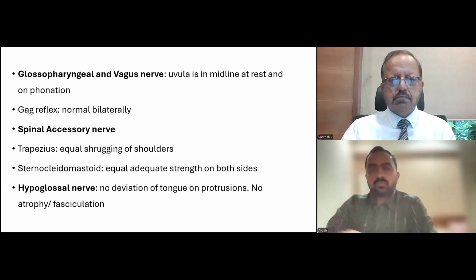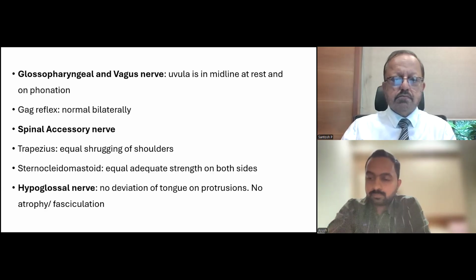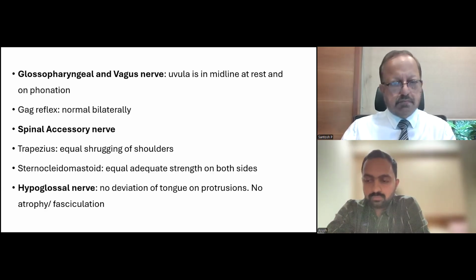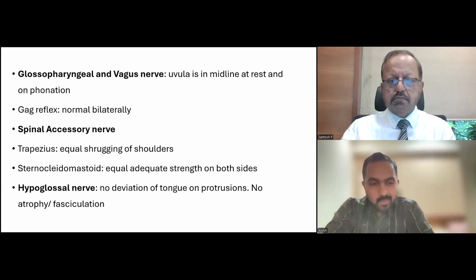Glossopharyngeal and vagus nerve, uvula is in midline at rest and on phonation. Gag reflex normal bilaterally. Spinal accessory nerve, trapezius equal shrugging of shoulders. Sternocleidomastoid equal adequate strength on both sides. Hypoglossal nerve, no deviation of tongue on protrusion. No atrophy or fasciculation.